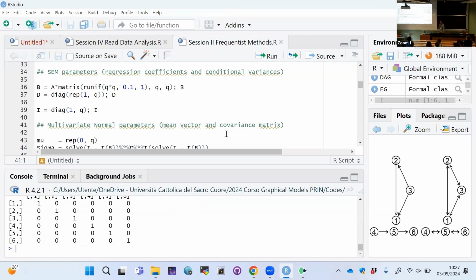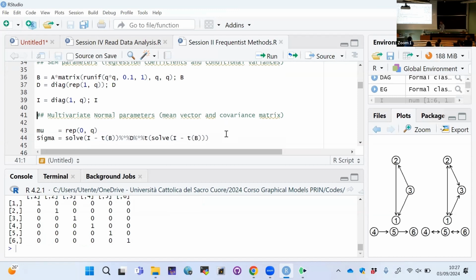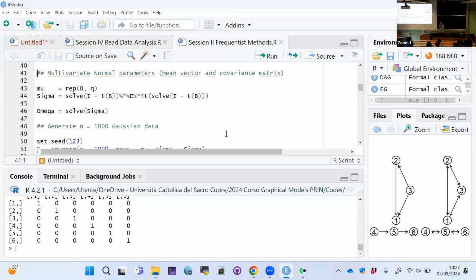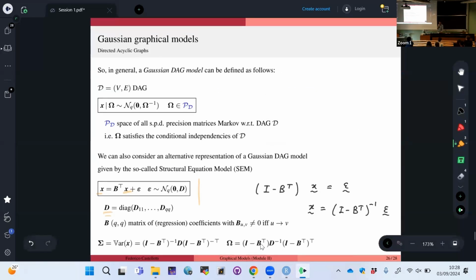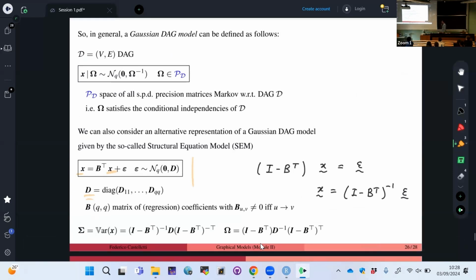Now if we want to simulate data from a Gaussian DAG model, we need to simulate multivariate normal observations, and you can use packages like mvtnorm. The only problem is that when you use it, the parameterization is the one corresponding to mu and sigma. So we need to use what we wrote before, the relationship between sigma and D and B. Before applying our rmvnorm, we need to compute sigma, our variance covariance matrix, simply by doing this kind of computation here.